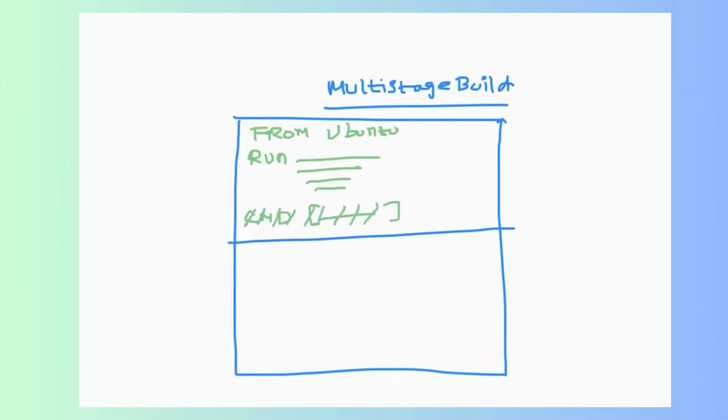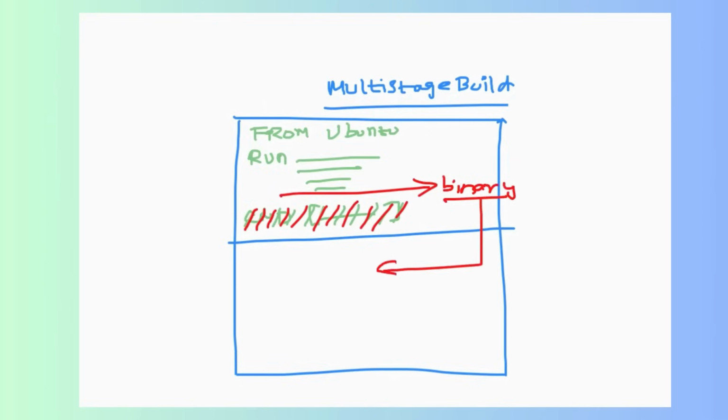Instead of executing the entry point here itself, I will take the binary from this Docker image or from this Dockerfile into this specific Dockerfile. So you can consider it as stage 1 and this as stage 2.